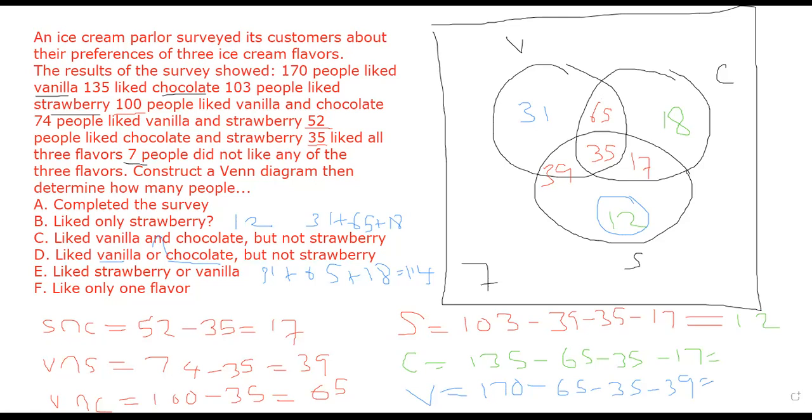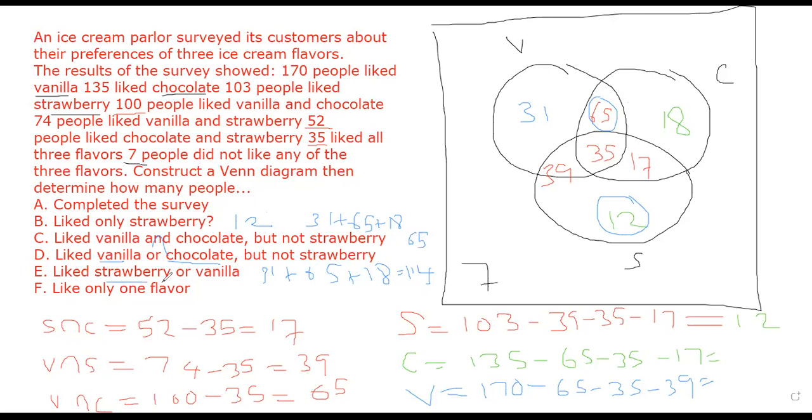So it is as good as they liked only vanilla and chocolate. That's all. So which is giving us 65. So it's simply the intersection. Okay, so here it is 65.